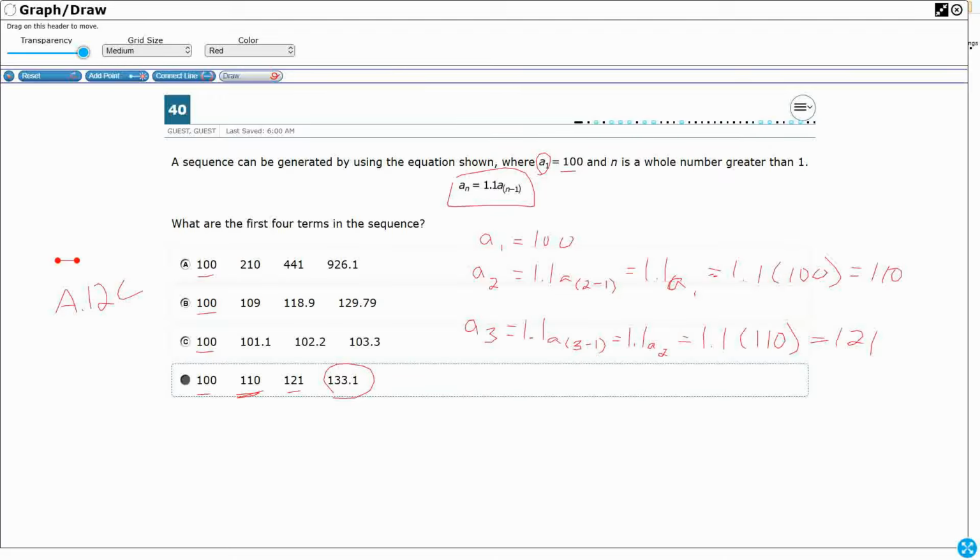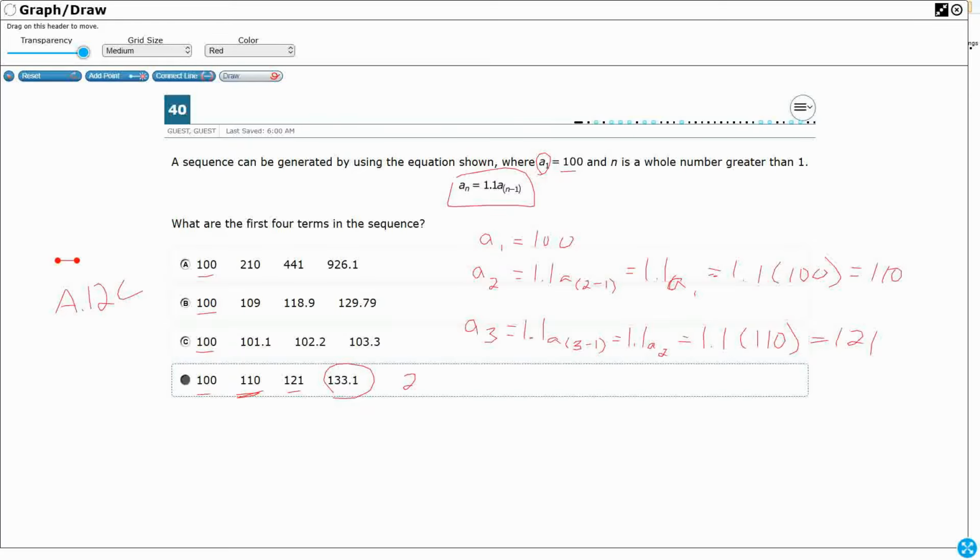So they gave us the equation. Now, having that terminology, A sub n, A sub n minus 1, definitely needs a little bit of practice. And so we only had 29% of our students get this correct. We had 37% choose this one. And look what this is. It's simply adding 1.1. We're not multiplying by anything.